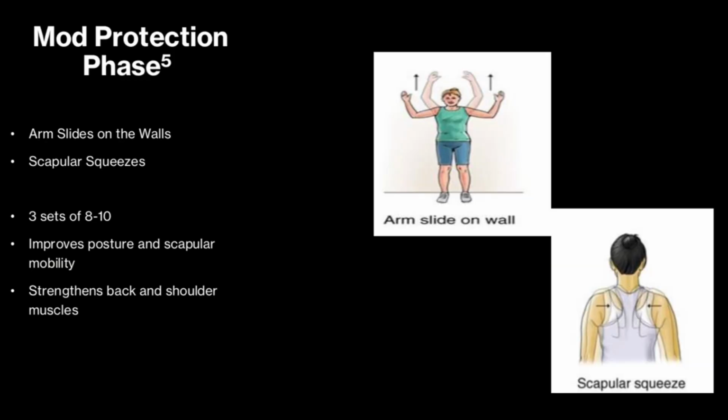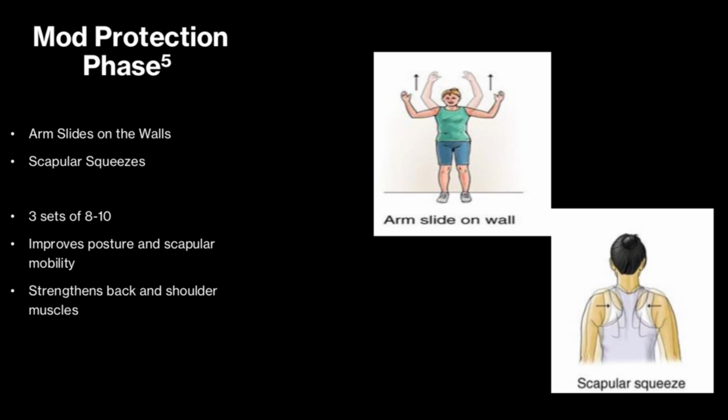Thank you. During the moderate protection phase, you can have your patient perform arm slides on the wall and also scapular squeezes. With those, you want them to perform 3 sets of 8 to 10. These two exercises improve posture and scapular mobility, and they also strengthen the back and shoulder muscles.